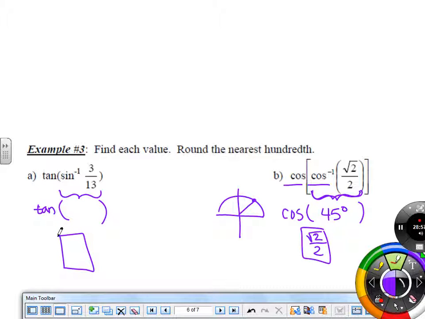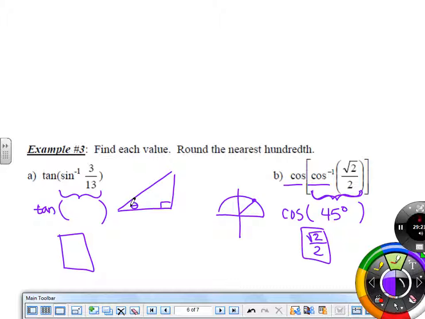The problem is, without a calculator, am I going to know exactly what angle this is? No, I only know ones that are 30s, 60s, 45s, or 90s, and is this any of those? No. But, going back to triangle trig, knowing that there's an angle that has a sine that's 3 over 13, that means this is like the opposite over the hypotenuse, right?